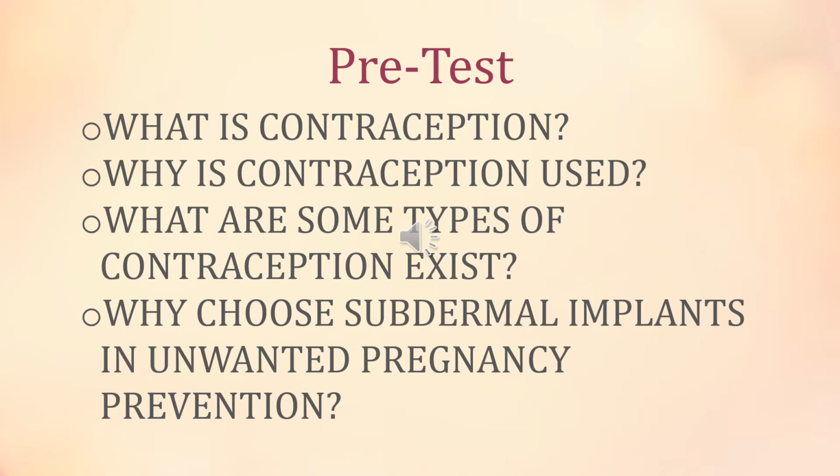What are some types of contraception available on the market to females to help them with not wanting to be pregnant? And then the final question is, why choose subdermal implants in unwanted pregnancy prevention? Why would somebody use this form of contraception as a go-to as opposed to others that are out there?